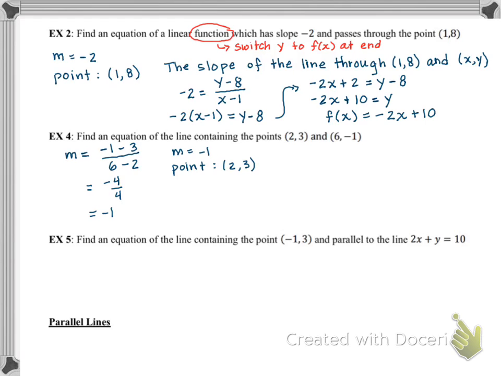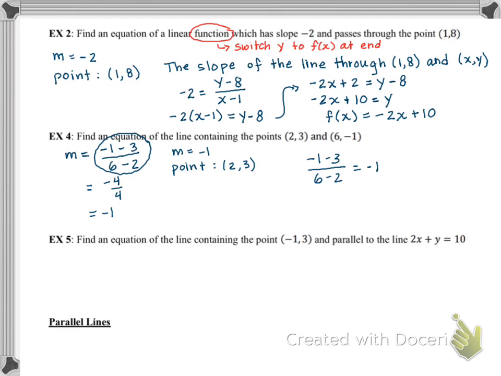And then we'll do the same process we did before. One thing you can do if you find yourself getting mixed up about what goes where in that fraction is take this piece right here and say, okay, I have negative 1 minus 3 over 6 minus 2, and I found that that was equal to negative 1, which is just what we just did over here.